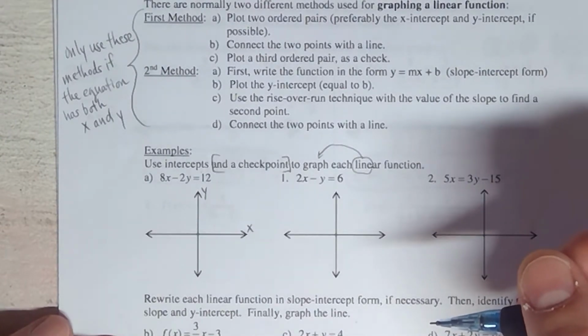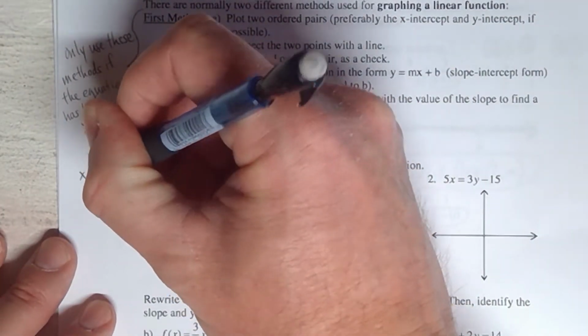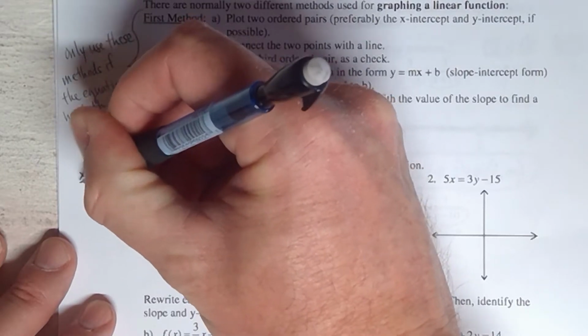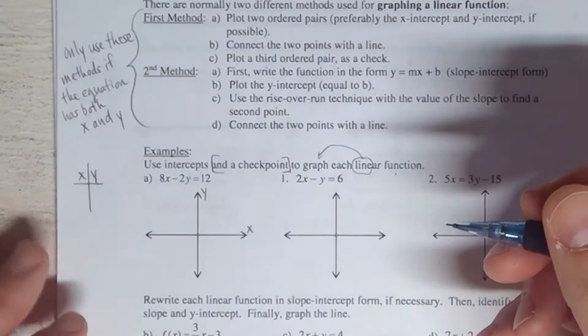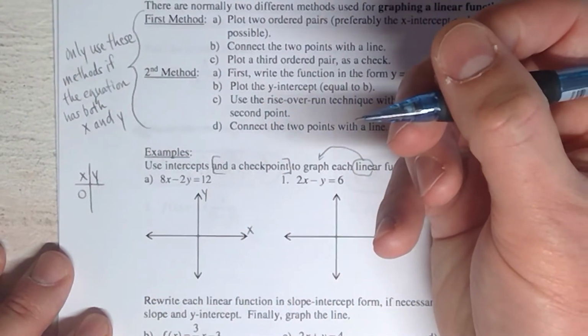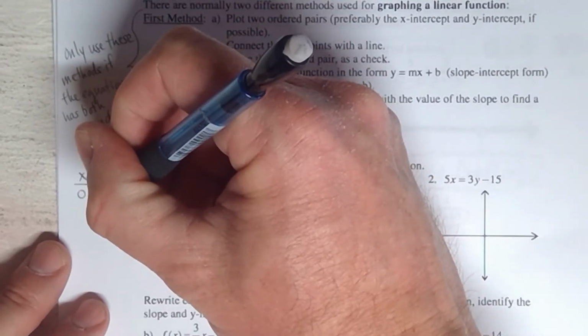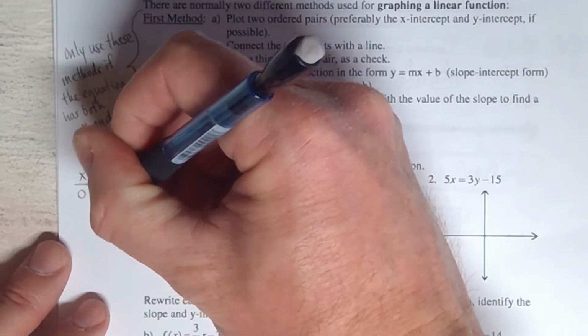But that only happens when either the x number or the y number is equal to 0. So in order to find the intercepts, I'm going to make a little ordered pair chart here. What you've got to do is plug in x equal to 0, and then in a completely separate step, you plug in y equal to 0.